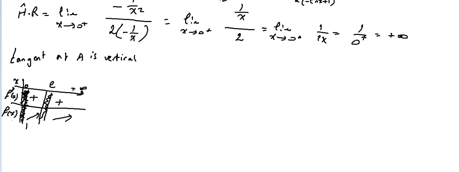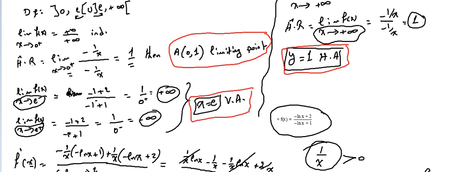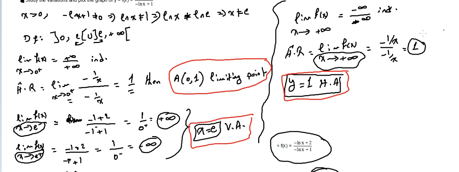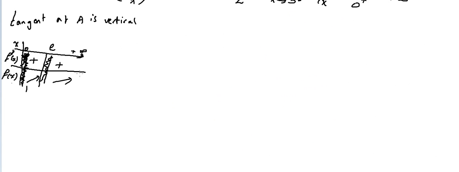And as x approaches plus infinity, we found it here to the right side, we have 1 as a horizontal asymptote. Y equal 1 is the horizontal asymptote. Here we have the vertical asymptote. So here it goes from 1 up to plus infinity, and here from minus infinity up to 1. That's great, and that's it.